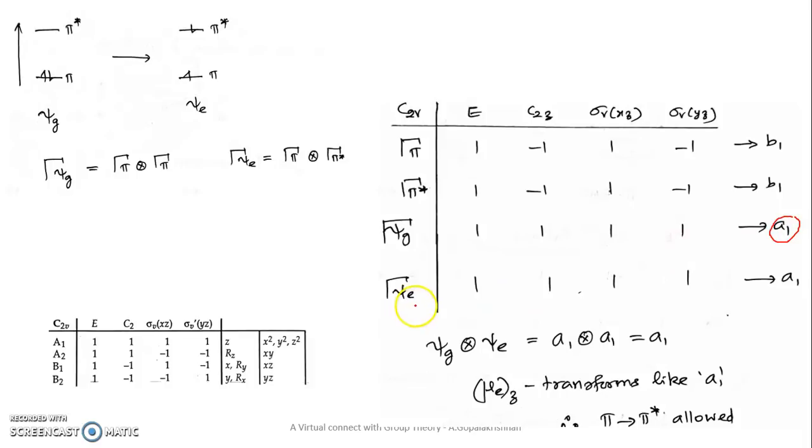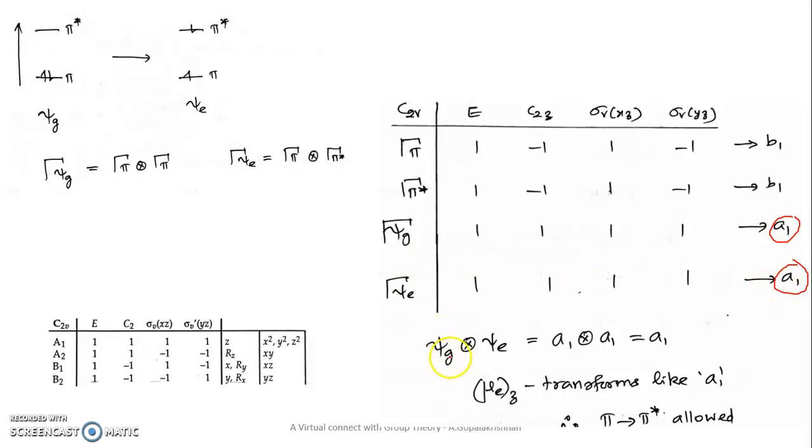Then now we have to find the excited state character. For the excited state, you have to multiply pi and pi star. So 1 into 1 is 1, 1 into -1 is -1, then 1 into 1 is 1, -1 into -1 is also 1. So this also belongs to the A1 representation. Ground state and excited state both belong to the A1 representation.